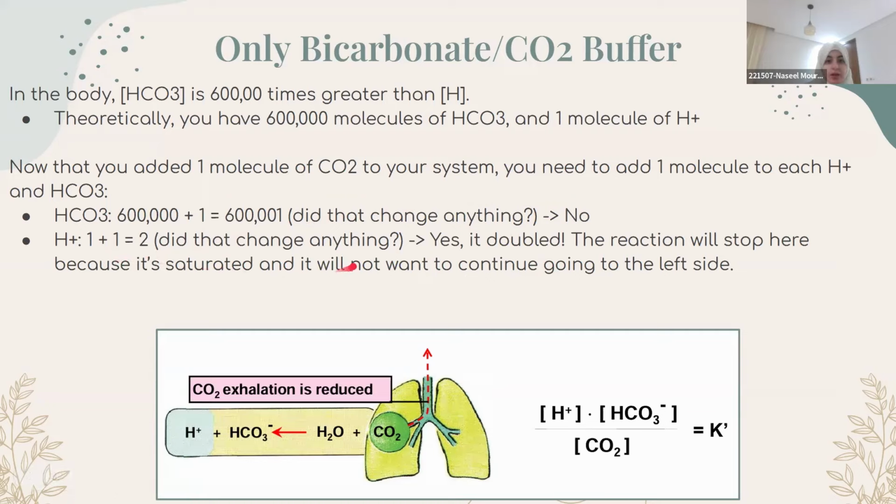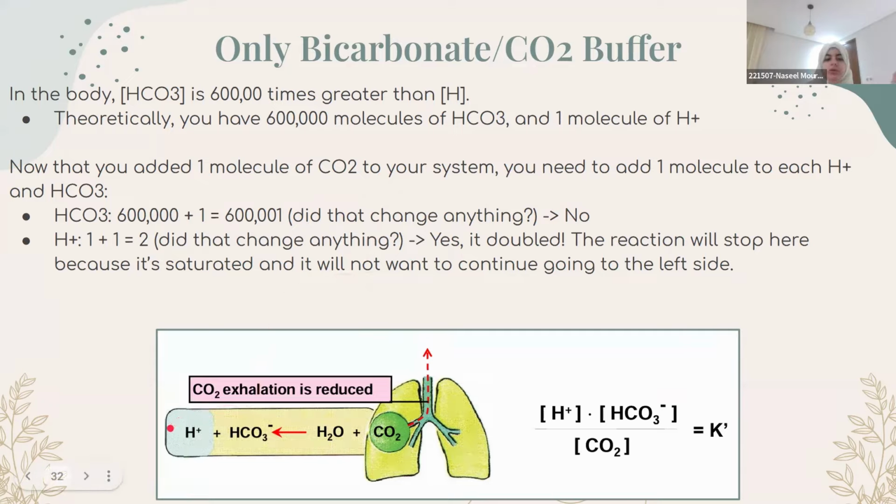So did this change anything? Yes, the value of hydrogen also doubled, okay? And this is why we say that when you add CO2, you increase the acidity because you're mainly changing the hydrogen. So basically the relativity of increasing the hydrogen is much more than the bicarbonate.